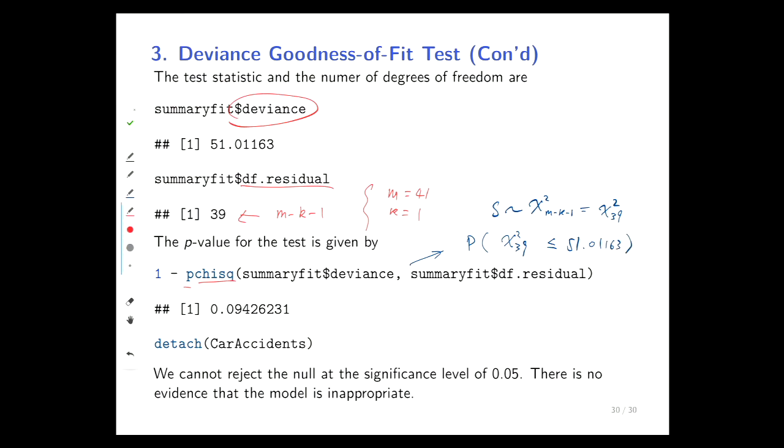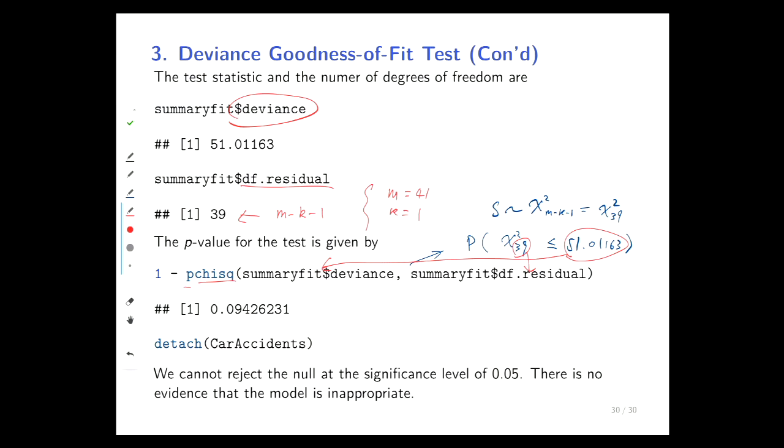And what you can do here is just to input this 51.01 here and put the number of the degrees of freedom here. And then you can compute this smaller or equal to probability.